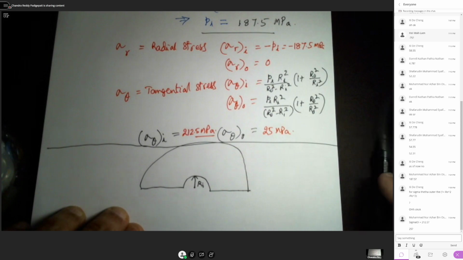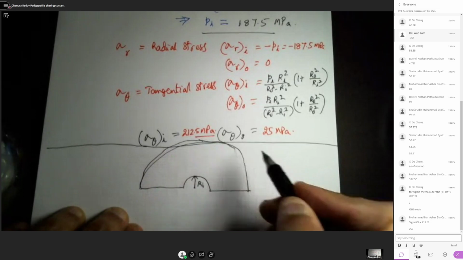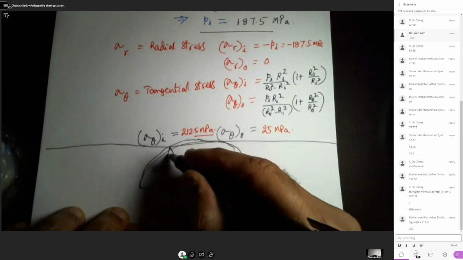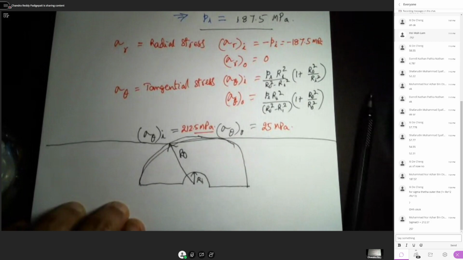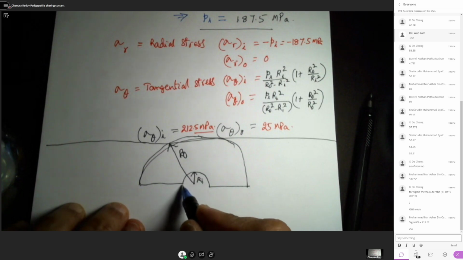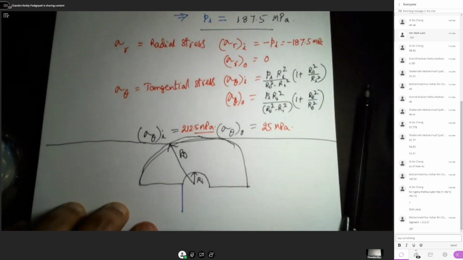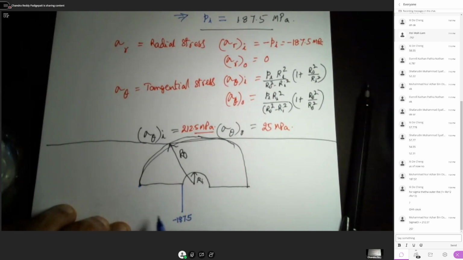Okay, so now you need to show the distribution. You need to sketch the distribution. Let us say you can plot your radial stress first. The radial stress at the inner radius is negative 187.5, and at the outer radius it will be 0.